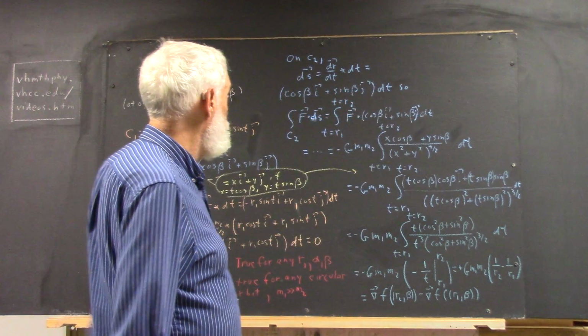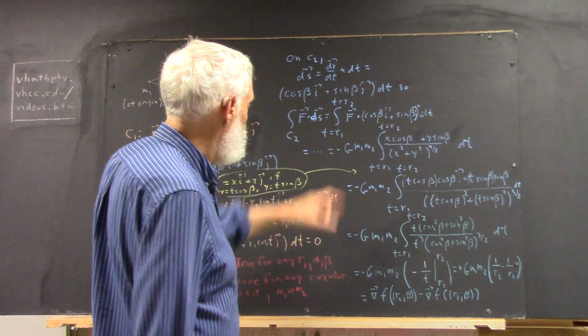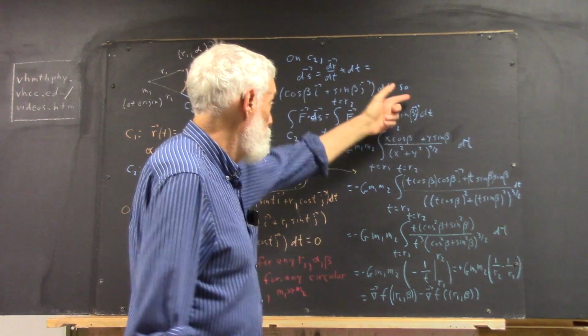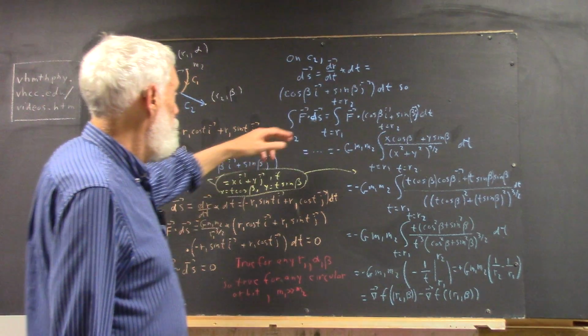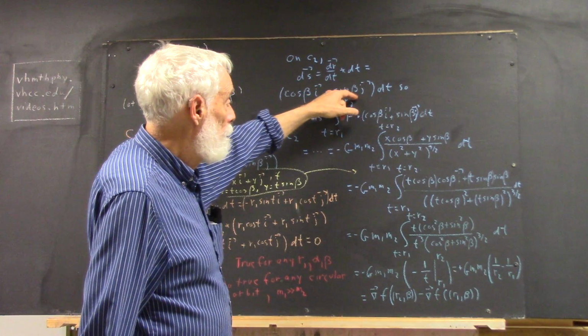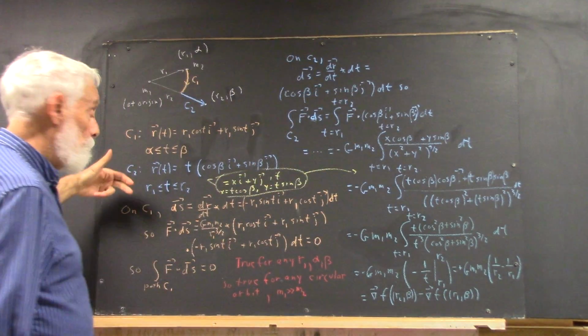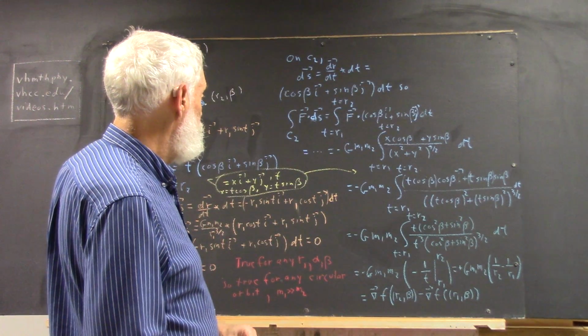We multiply that by dt, so that our f dot ds is f dot, well, this thing that we got here, and integrating f over the curve C2, of course, t goes from R1 to R2 because that's how we parameterize the curve.